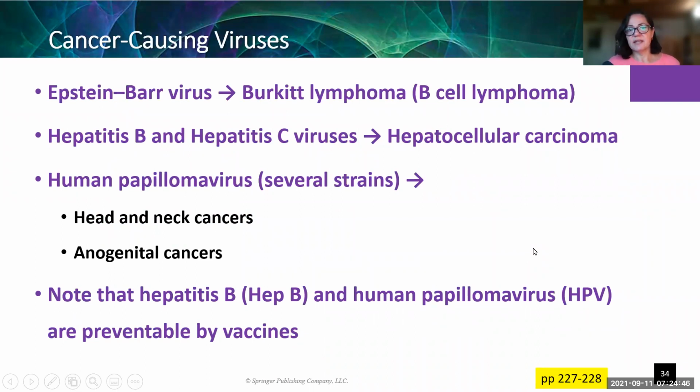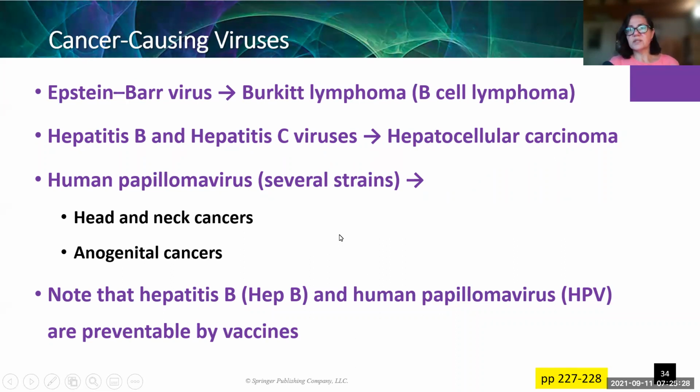There are viruses that can mess with our genetic code in a way that can develop cancers. There's no guarantee that the patients who have these viruses are going to develop cancers, but they're well known to be related to the development of cancer. So Epstein-Barr virus can lead to a kind of B-cell lymphoma. Hep B and Hep C, both of those, I guess this isn't hugely surprising, it's a liver cancer. HPV, several strains, for those of you who love details, strain 16 and 18, if memory serves, they can lead to the development of cancers.